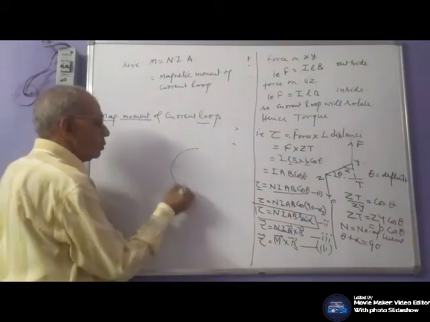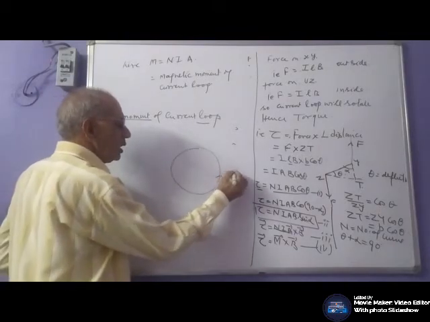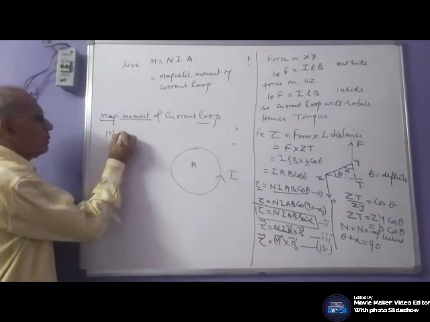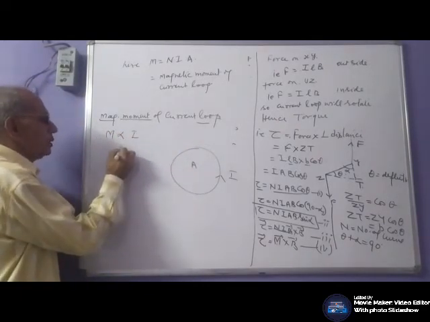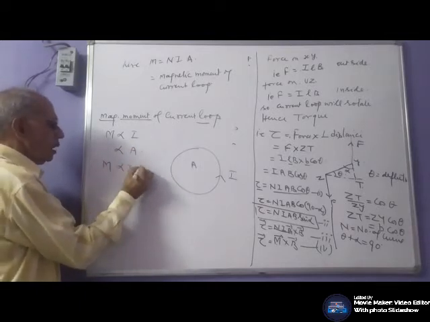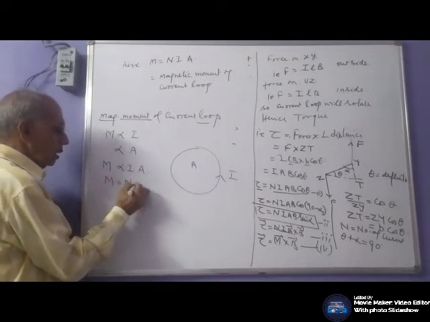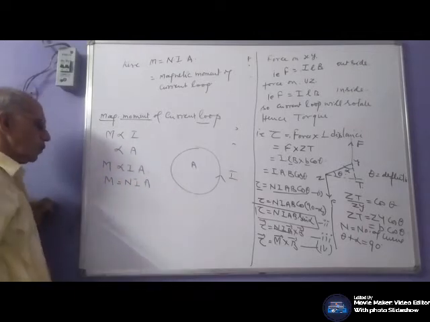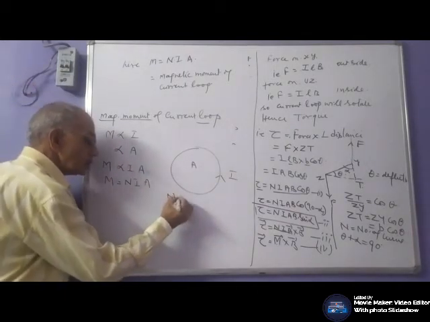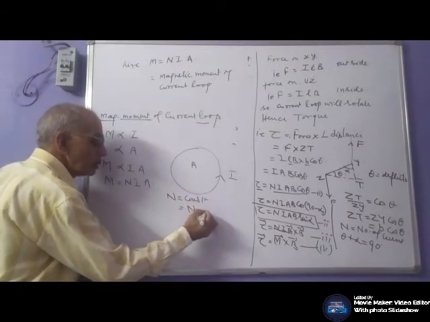This is a current loop. It is carrying current I. This is the area. It was found that capital M is directly proportional to I, directly proportional to A, so M is N I A. N is a constant, the number of turns.